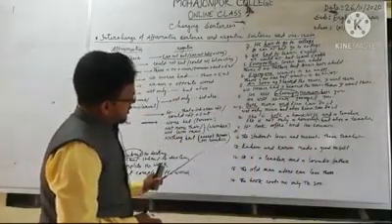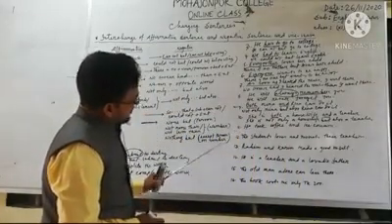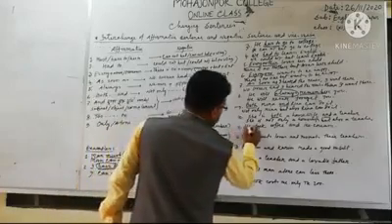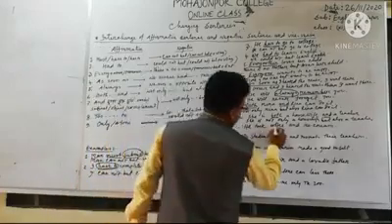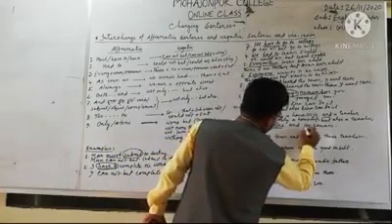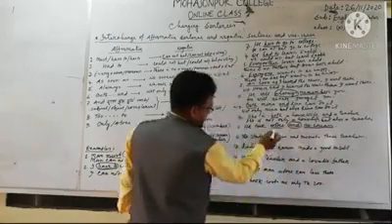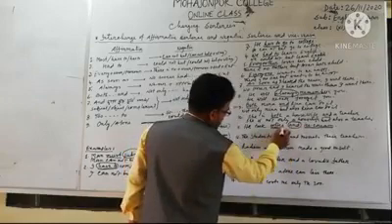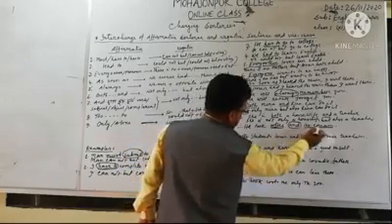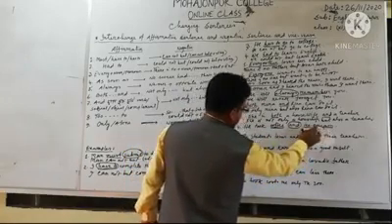Look at another example, number 11. He took coffee and ice cream. Here there is and, and there are two similar words, coffee and ice cream.